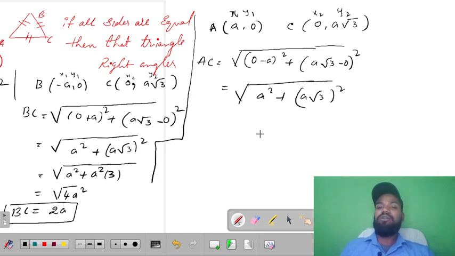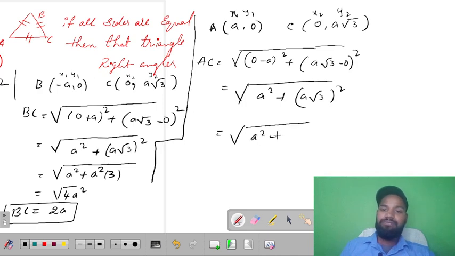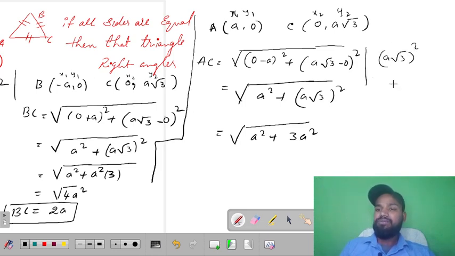What is A root 3 whole square? That is equal to 3A square. If you are confused, see here: A root 3 whole square we can write as A square into root 3 whole square. The square and root cancel, so that is A square into 3, which is nothing but 3A square.